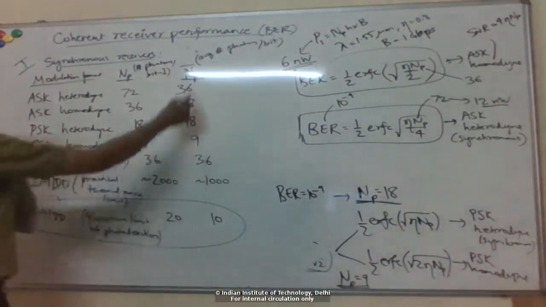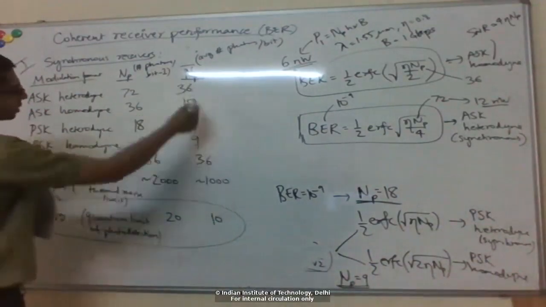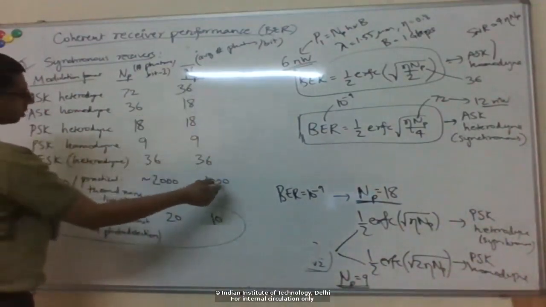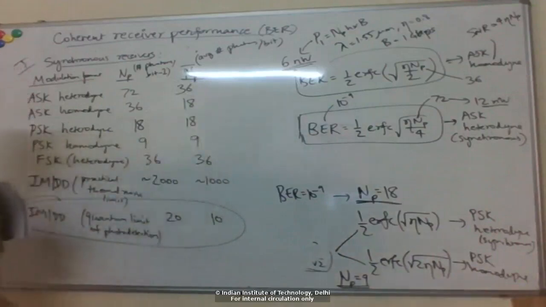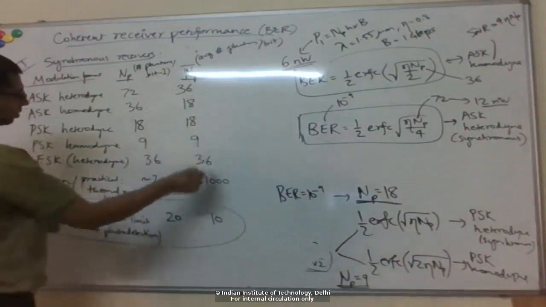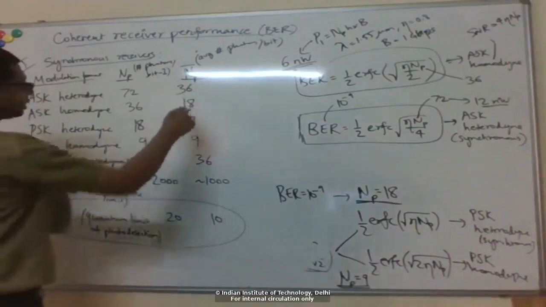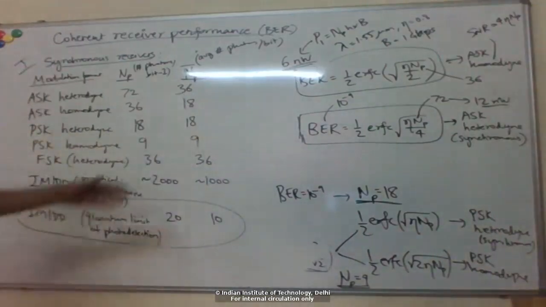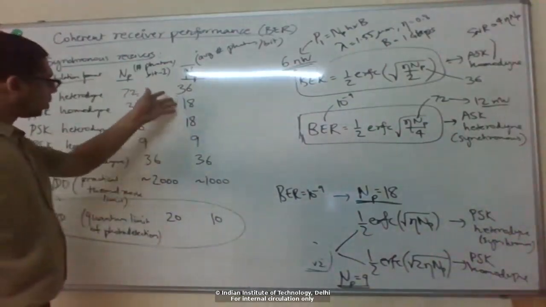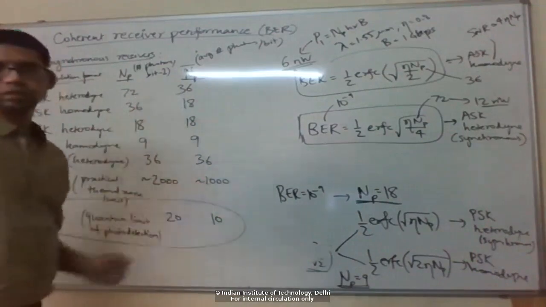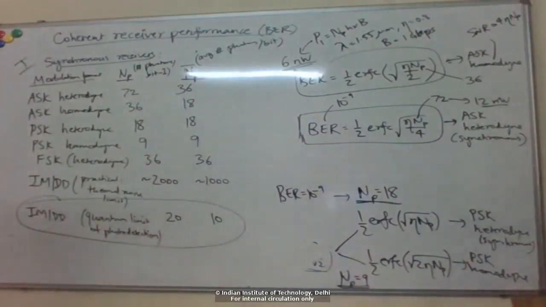You can see by going to coherent detection, we can reduce this by almost a factor of 100. So with PSK, you can reduce by a factor of 100. With others, maybe a little bit more, but definitely one or two orders of magnitude lower than IMDD.